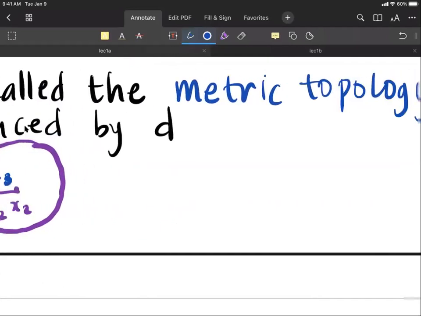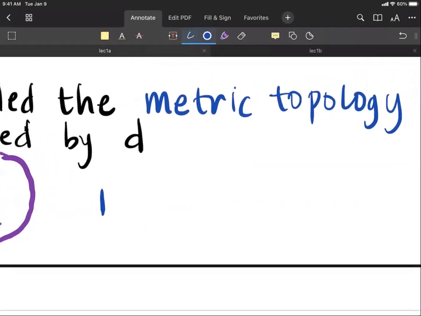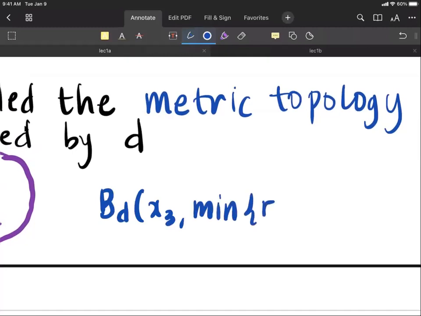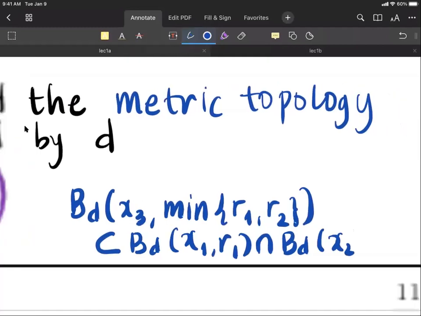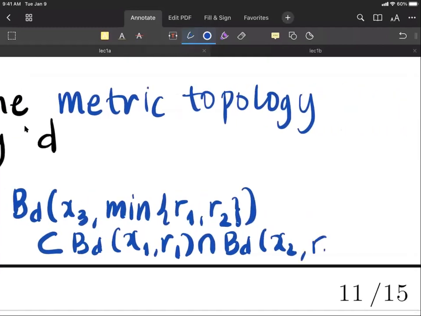Then one could show that the open ball centered at x3 having the radius which is the smallest between the two radii is a subset of the ball centered at x1 with radius r1 intersected with the ball having center at x2 and radius r2.